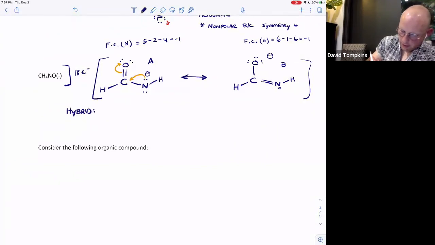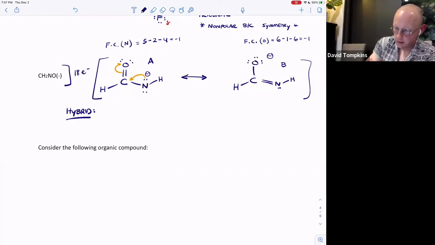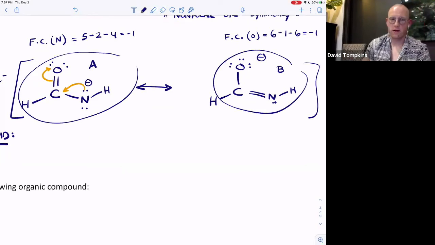Now, the hybrid may be equally represented by A and B, or one of the two may be a better or a major resonance form. So we have to diagnose which resonance form is better and why. And each of these has a negative charge, which means they all have plenty of electrons. There's more than enough to go around, or there's more than an octet.